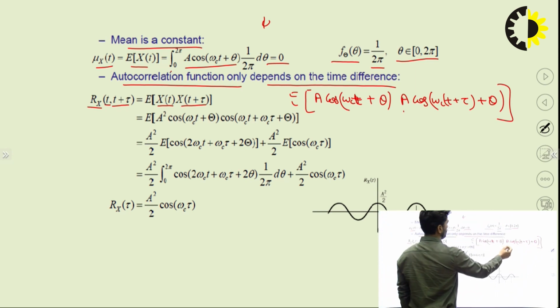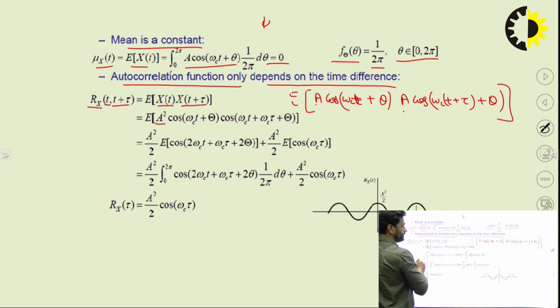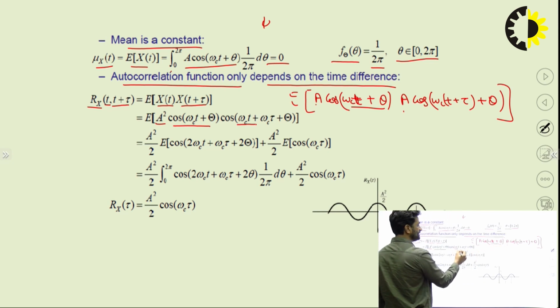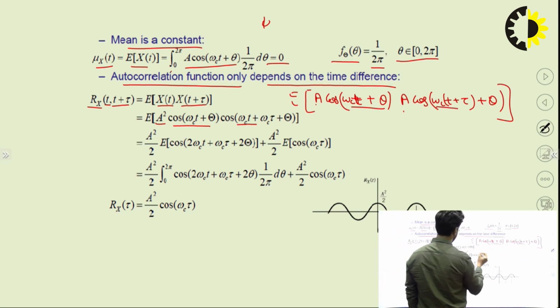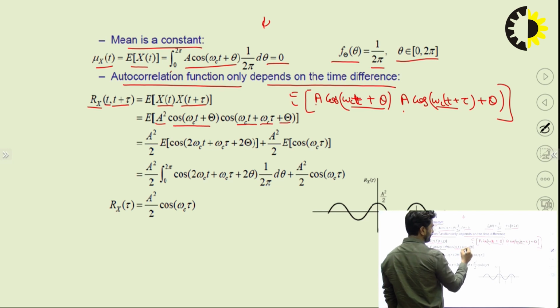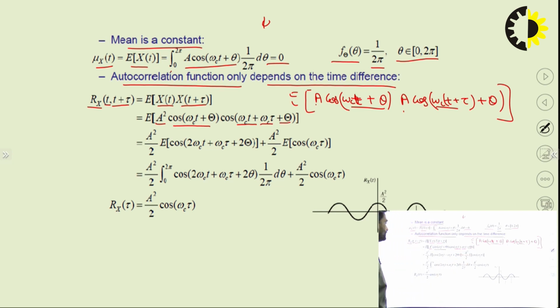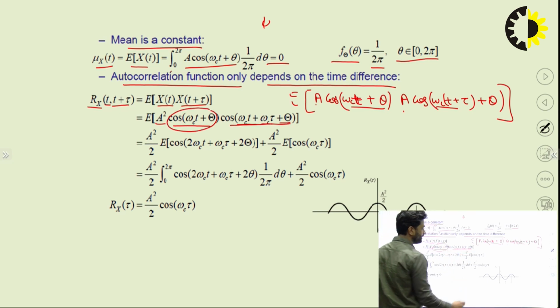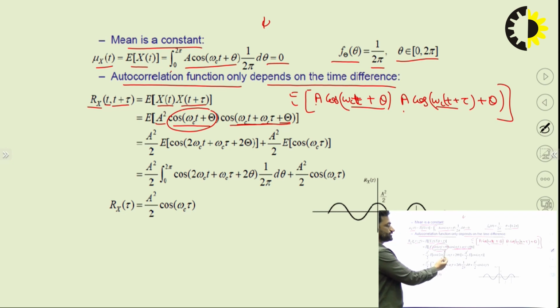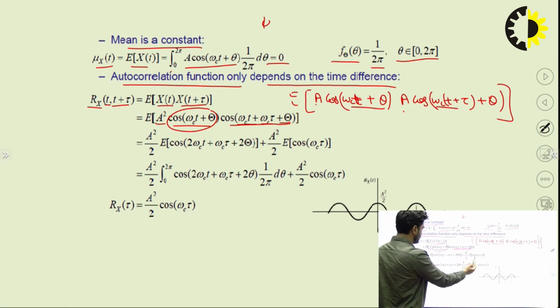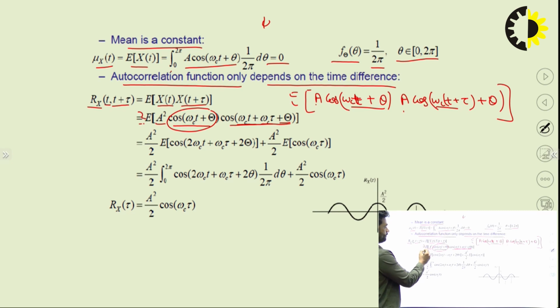Now this A combined will give you A squared, right? cos(ωct + θ) and cos(ωct), we are opening this bracket: ωct + ωcτ + θ, right? In the next step, we are applying the formula for cos A cos B. If we multiply by 2 and divide by 2, then 2 cos A cos B is cos(A + B) plus cos(A − B). So here 2 will be multiplied and divided, that will give you A squared by 2.